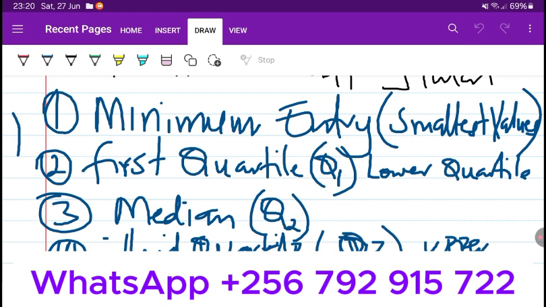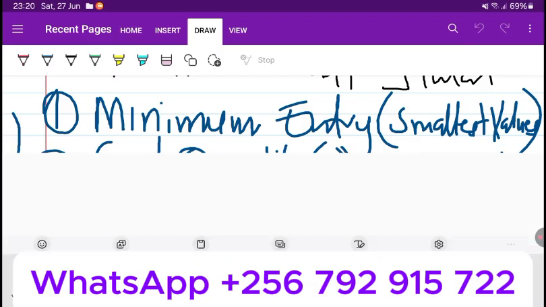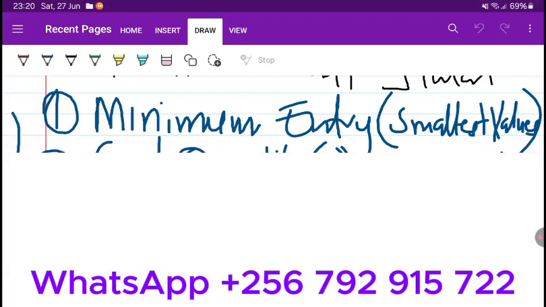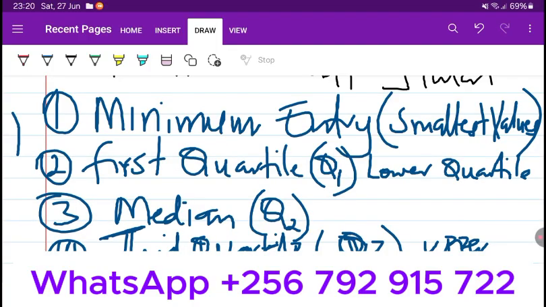We may say this is the highest value, but the data set given to us may have outliers. So the question is, what will be the impact of an outlier on the data set?